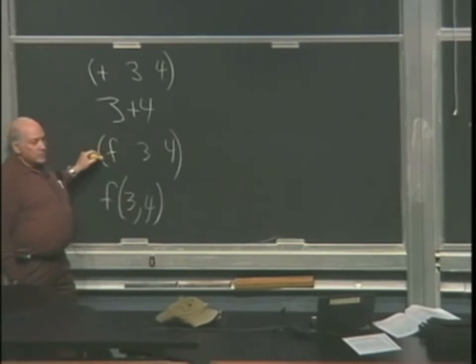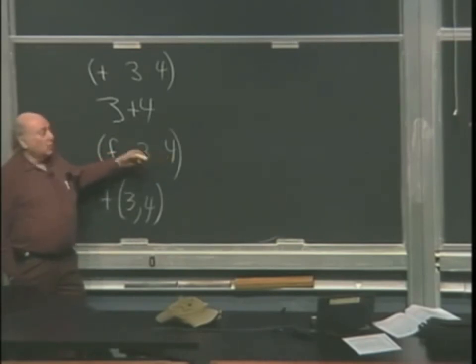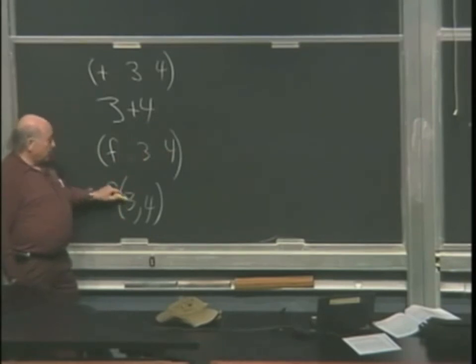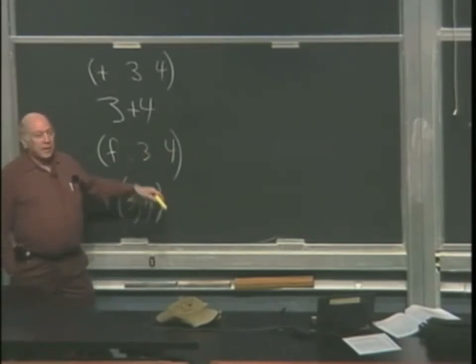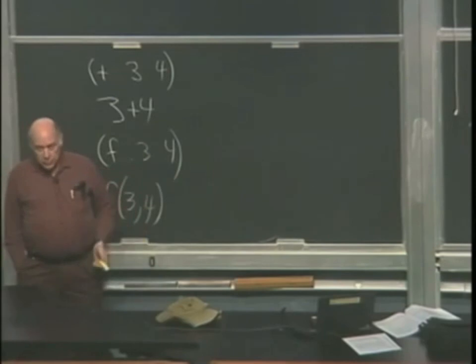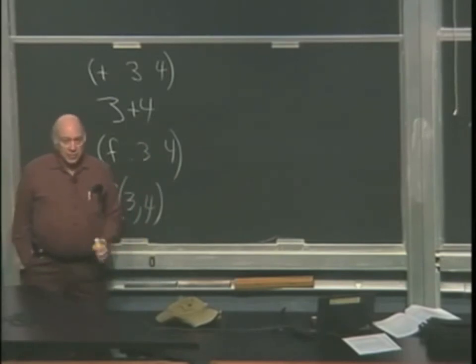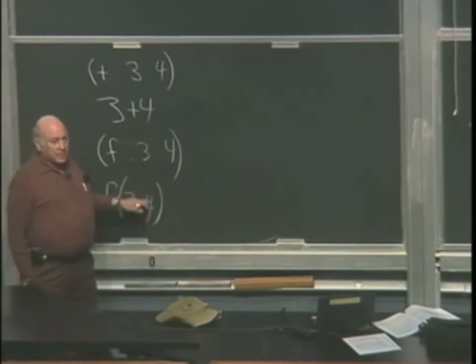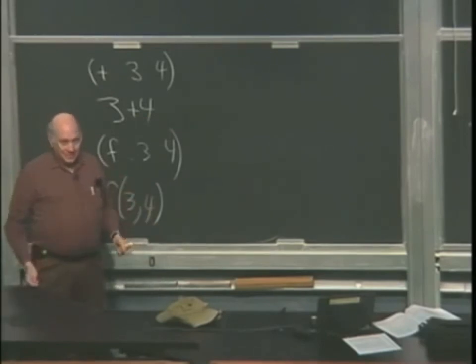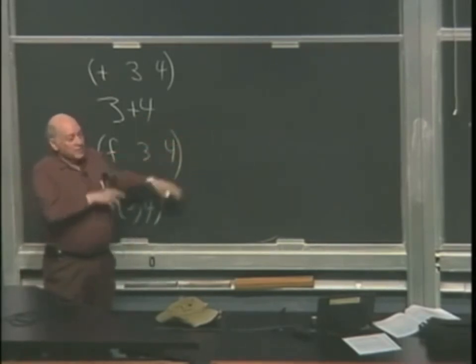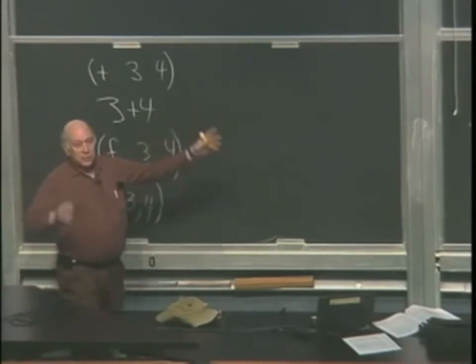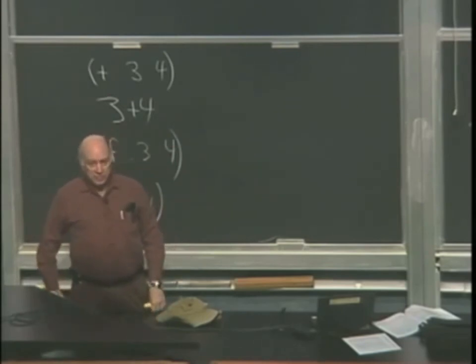Getting from this string of characters, open paren f space 3 space 4 close paren, or f paren 3 comma 4 close paren, getting from that to the arguments to apply is eval's job. So eval takes this syntactic stuff and gets rid of it. So we're left with the semantics of calling a function. Does that answer the question? Okay, great.